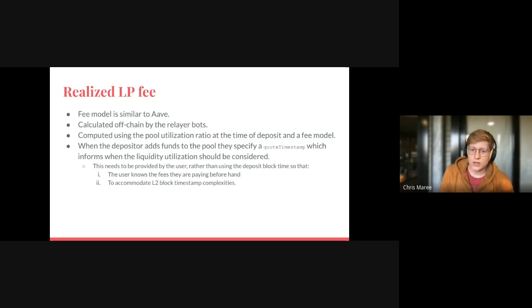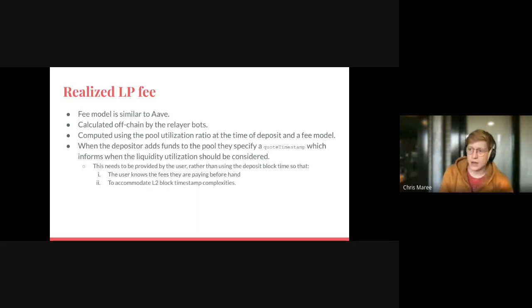The way this works in implementation is that when the depositor sends their money on L2, they specify a quote timestamp. This is basically a timestamp where they say, I'm happy to take the utilization at this timestamp as the amount that I'm going to pay. The reason we let the depositor choose that time is that the notion of time on L2 is kind of whack.